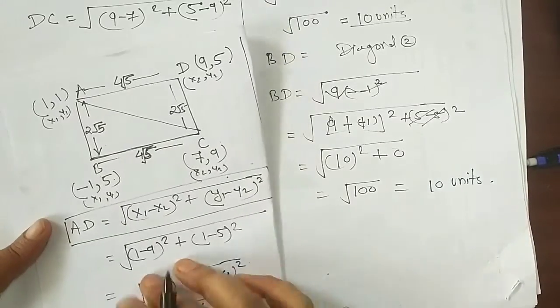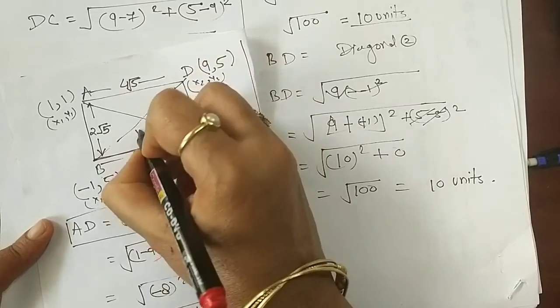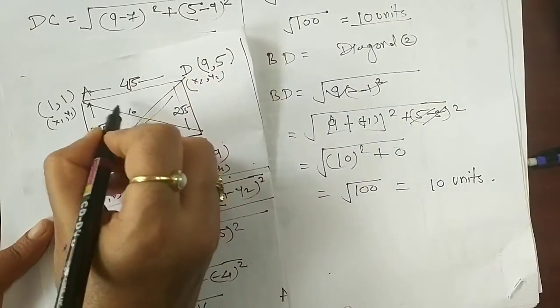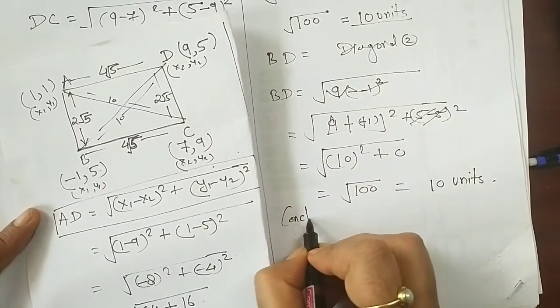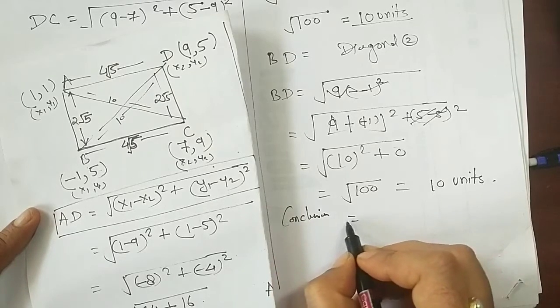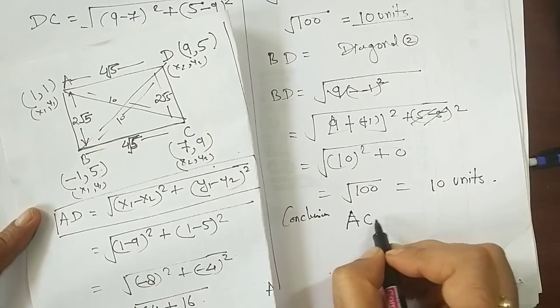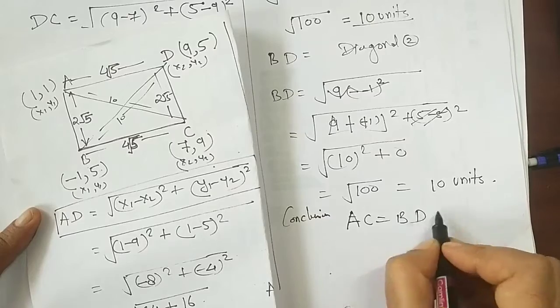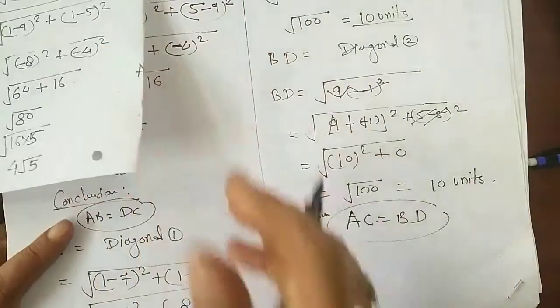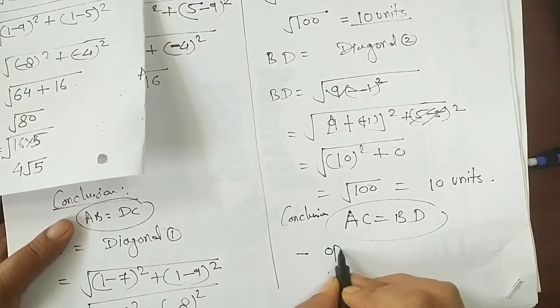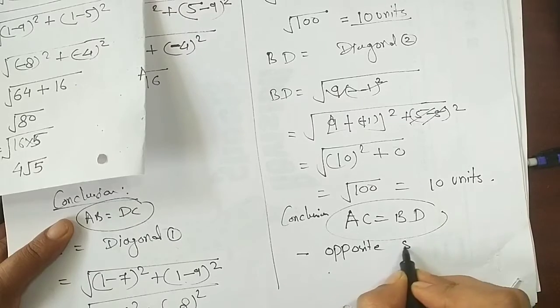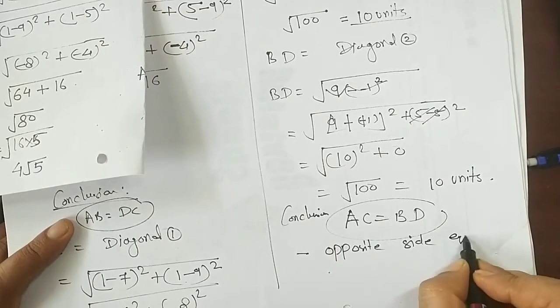So if I see BD is also 10 and this was also 10, so what is the conclusion? Conclusion, I got that AC is equal to BD. Okay, so what you can say here, opposite sides equal, correct?